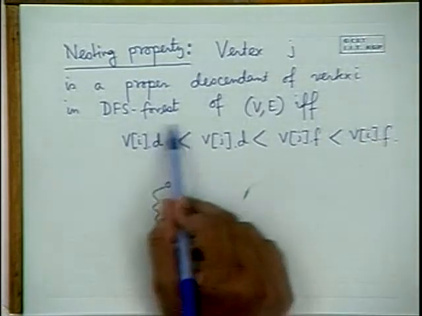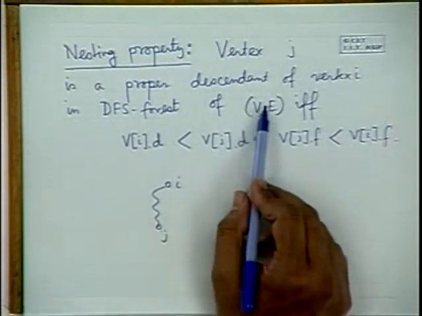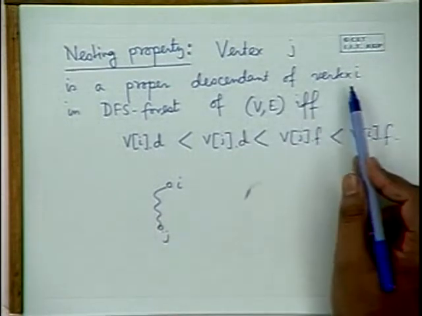If this is satisfied, then you can also say that j must be a descendant of i. So given a DFS forest and I give you two nodes j and i and ask which one is a descendant of which one, you can just check the d and f fields and verify this, then immediately you can say whether j is a descendant of i. Because if this is not valid, then j cannot be a descendant of i, because this is an if and only if condition.